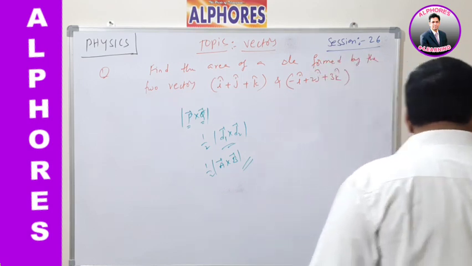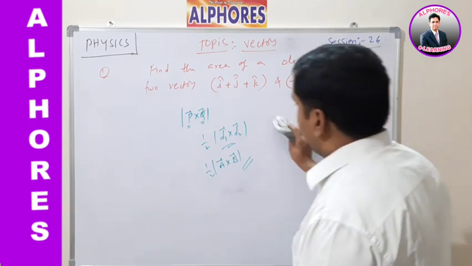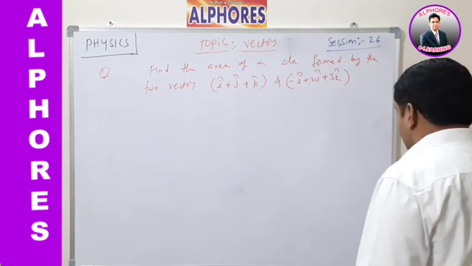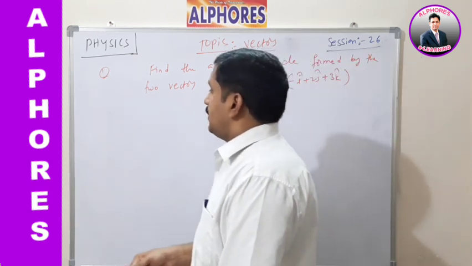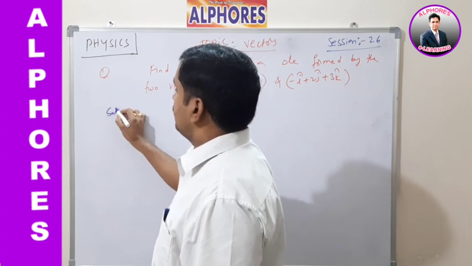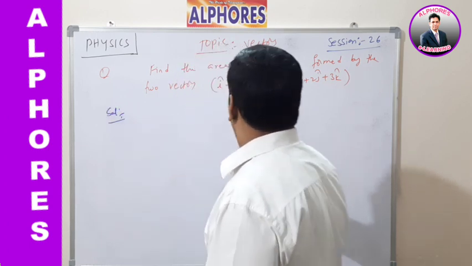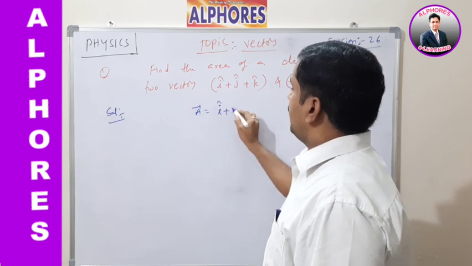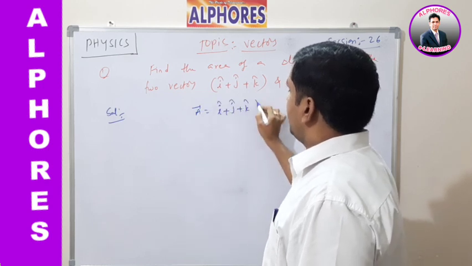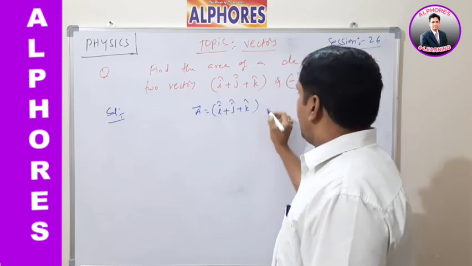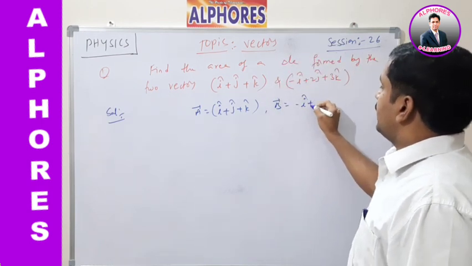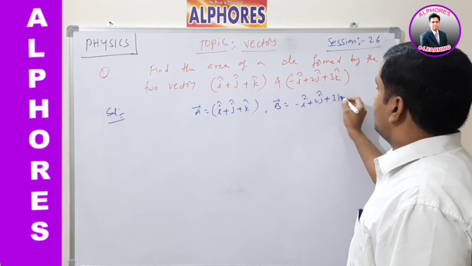Now how is the problem solved in this case? Listen carefully. First of all I take these vectors. Before going to the solution, I write a bar equal to i cap plus j cap plus k cap, and b bar equal to minus i cap plus 2j cap plus 3k cap.